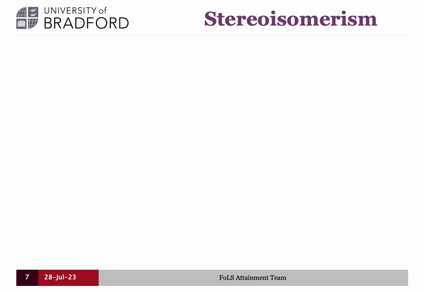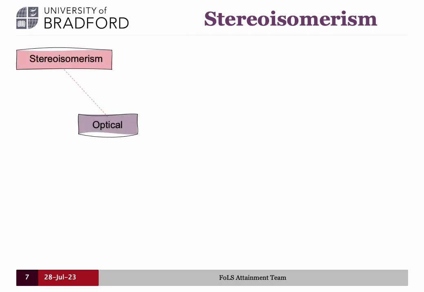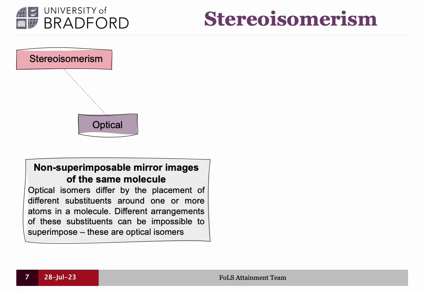Right, in terms of optical isomers, these are named this way because of their effect on plane polarized light, and they come in pairs. They usually contain a chiral center. This is a carbon atom with 4 different atoms or groups of atoms attached to it.